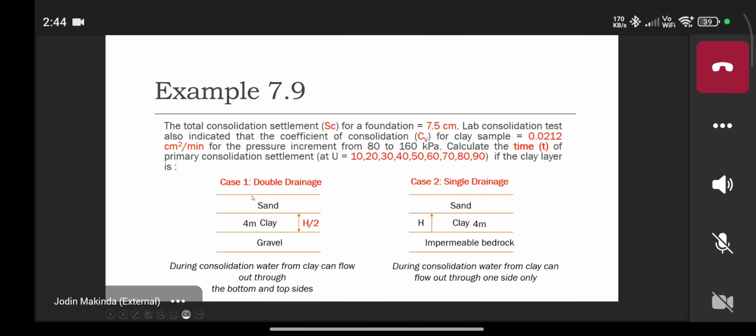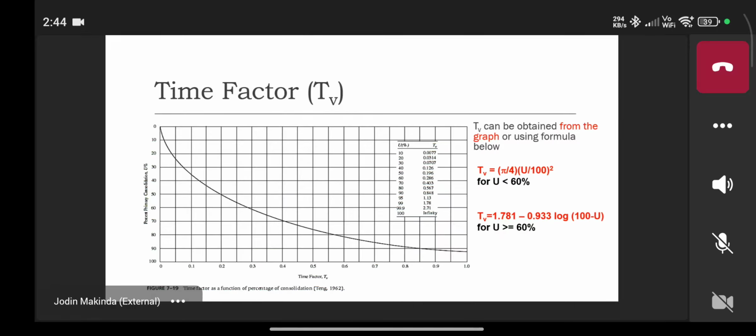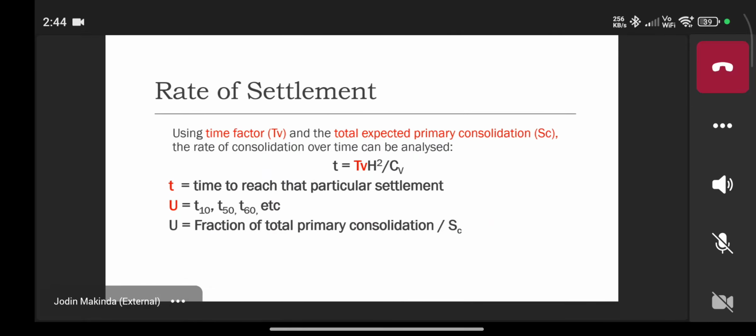For double drainage, H is half of the thickness. Why is this important? Because you look into the equation here.